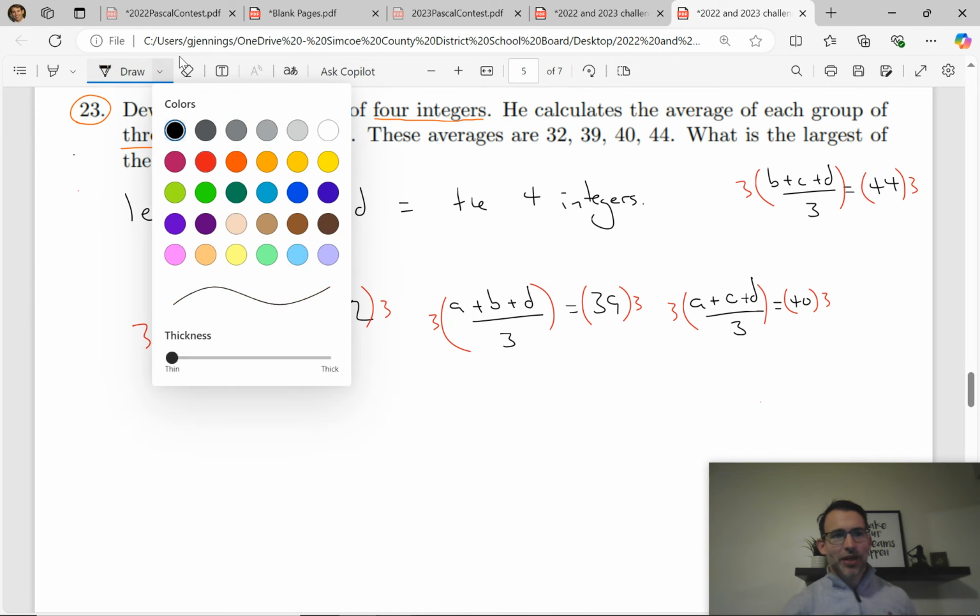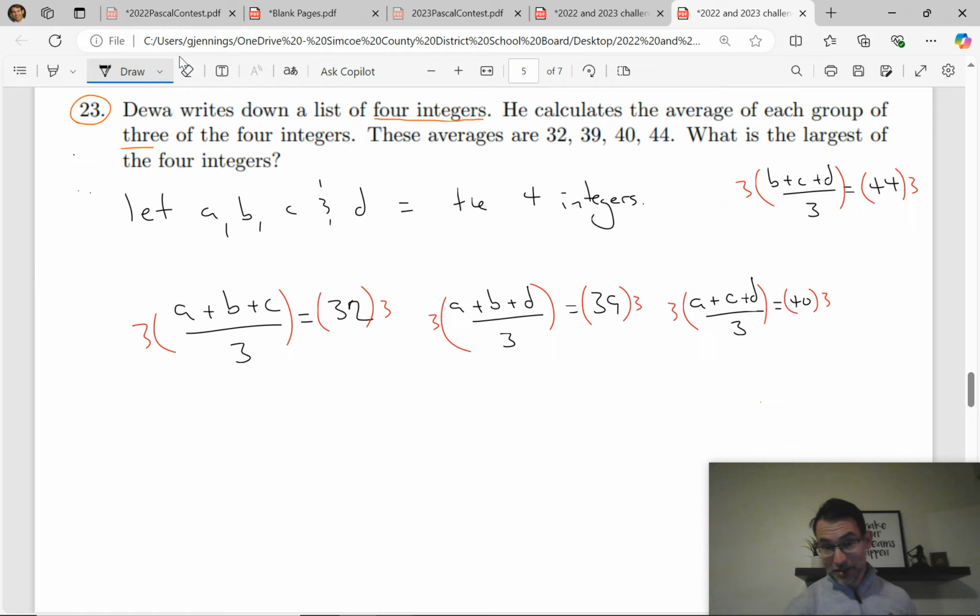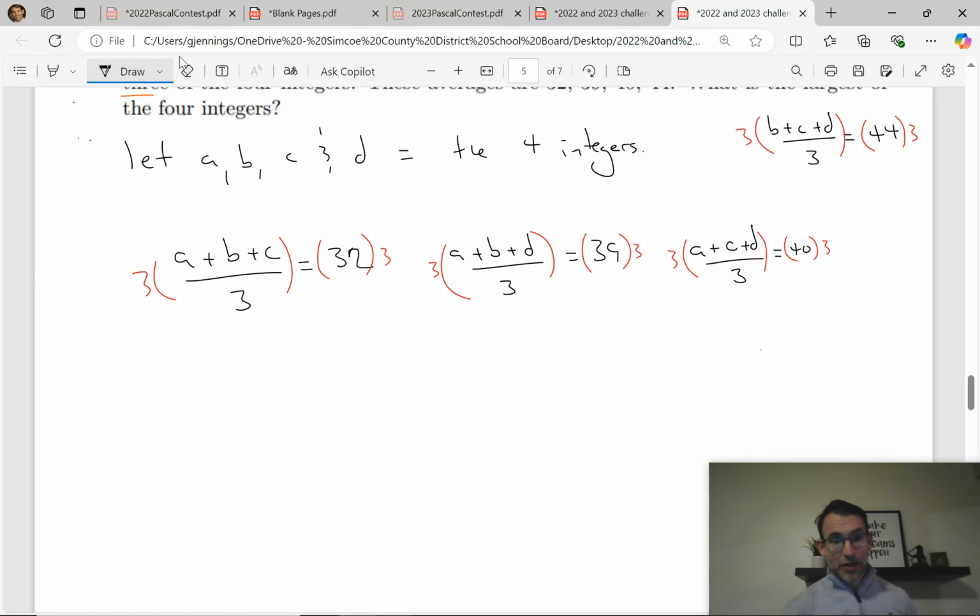Okay, so now watch this. I'm not even going to run out of space this time. It's going to be amazing. So this one here is A plus B plus C equals 32 times 3, which is 96. And then I've got A plus B plus D equals 39 times 3, which is, give me a minute, 117.